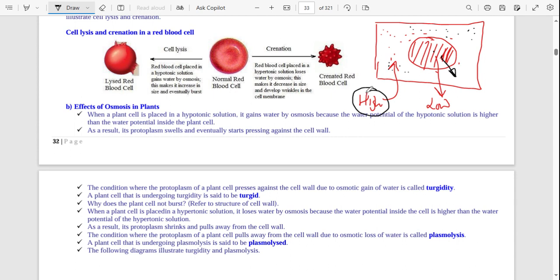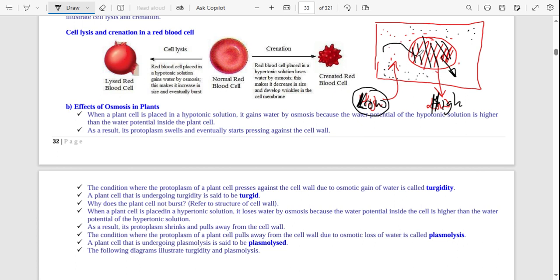Now, if it was the other way around, say here the concentration was low and the concentration inside the cell was high. It means that inside the cell, because the concentration is high, there is little water. And because the concentration outside the cell is low, low concentration means that there is more water.